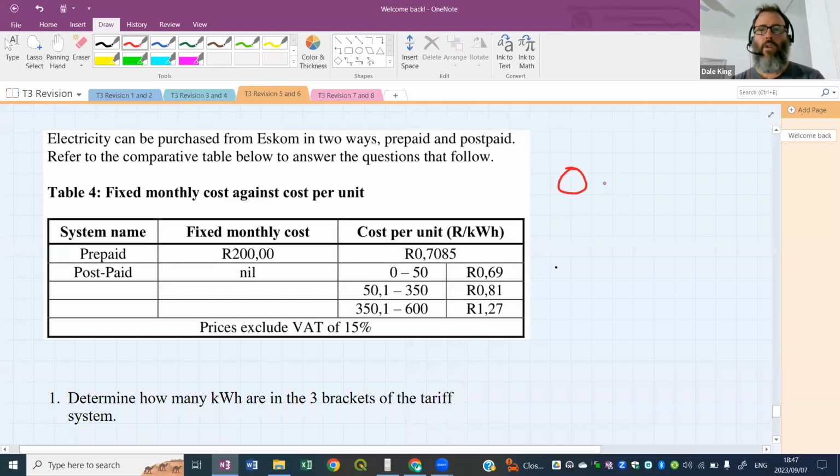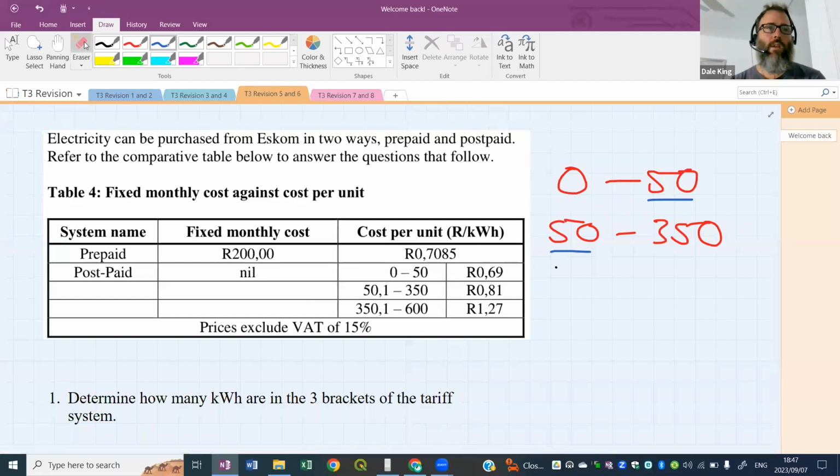We go from 0 to 50, and then we go from 50 to 350. Now, if you have 350, you're in that bracket and you're in that bracket. So to show you that you're over 50 in this bracket here at the bottom, they change this number to 50,1, which says anything over 50.